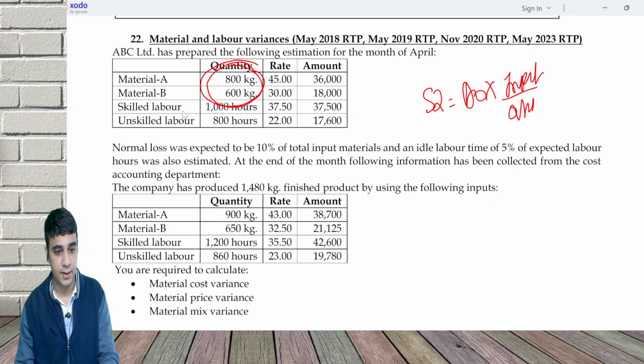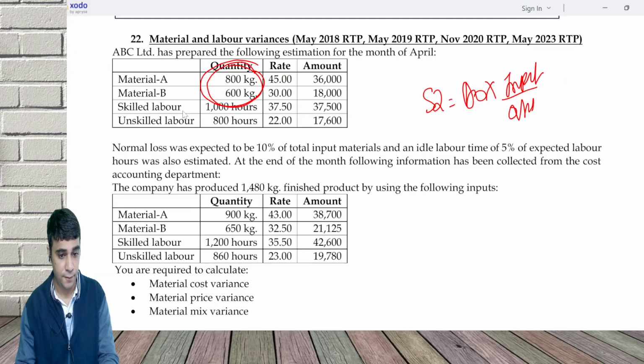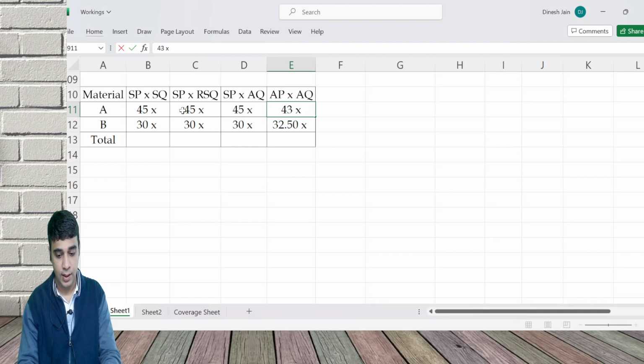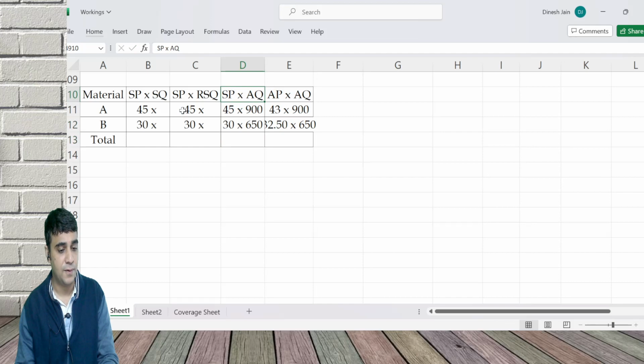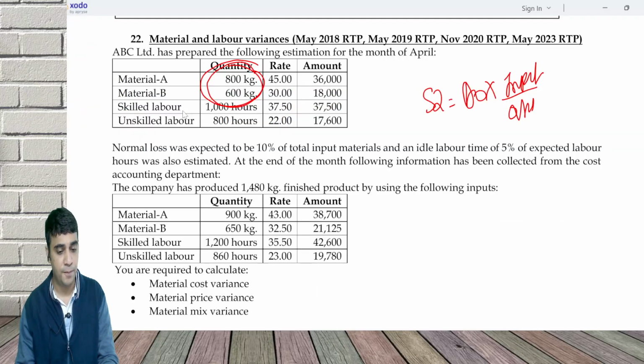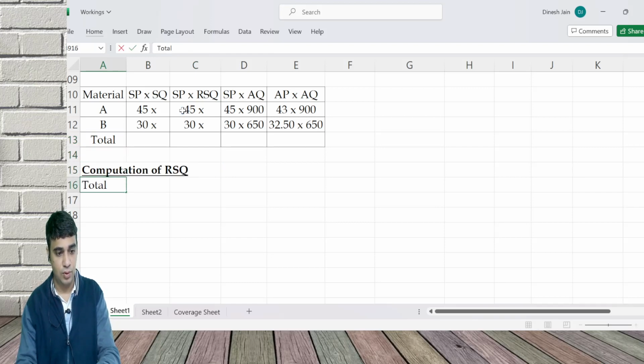Standard price is 45 and 30. Actual is 43 and 32.5. AQ is directly given, 900, 650. RSQ is the total of 900 and 650 in the ratio of 4 is to 3. RSQ is the total of AQ, equal to 900 plus 650.